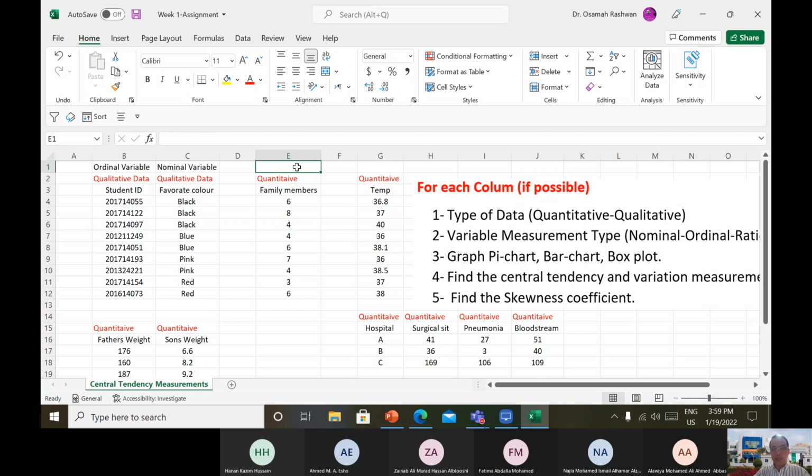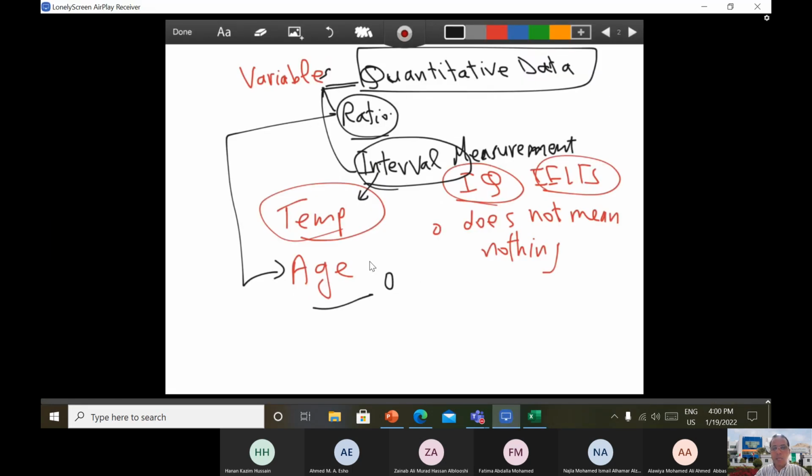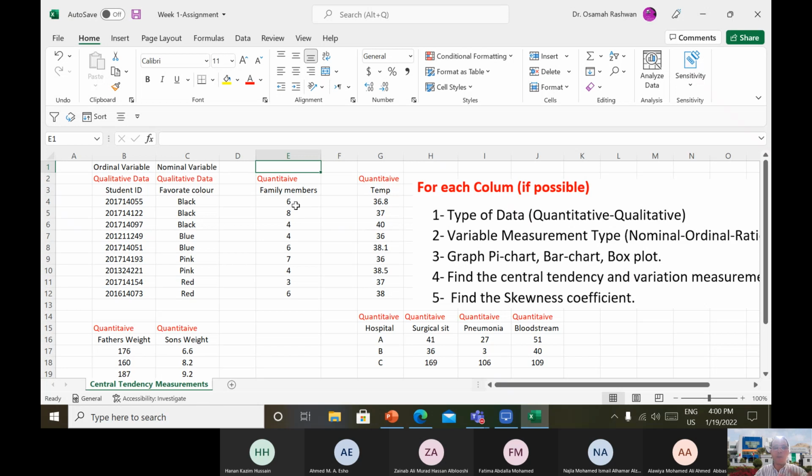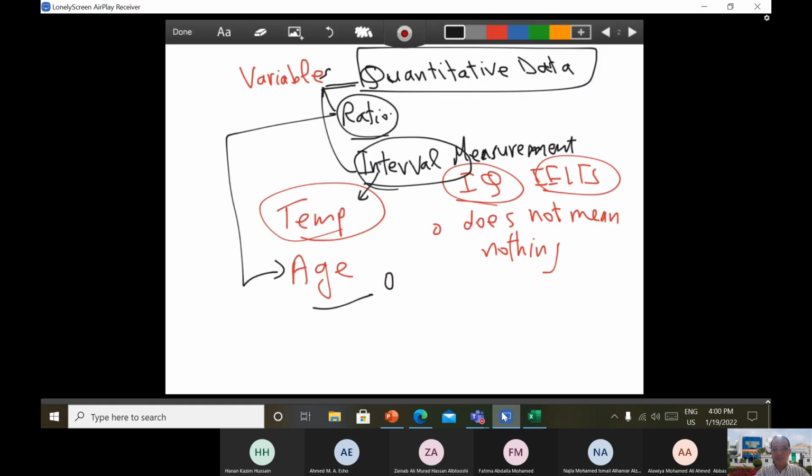I told you the difference between the interval and the ratio. Zero doesn't mean nothing if you have interval. So zero in the family member, it means nothing, right? So this one will be what? Interval. How does it come? You get confused between the interval and the ratio.